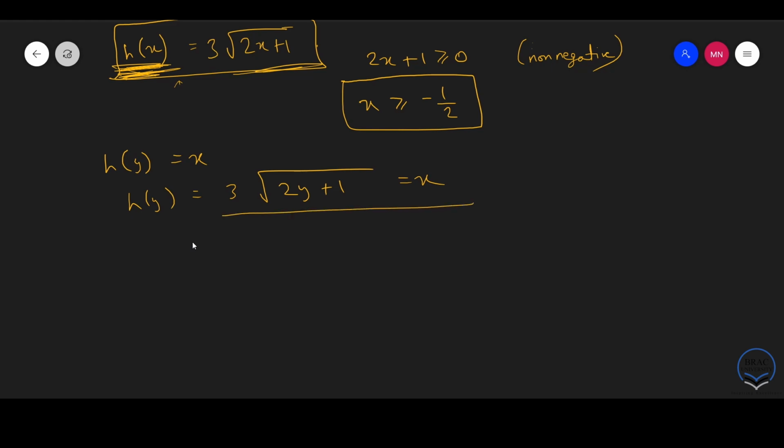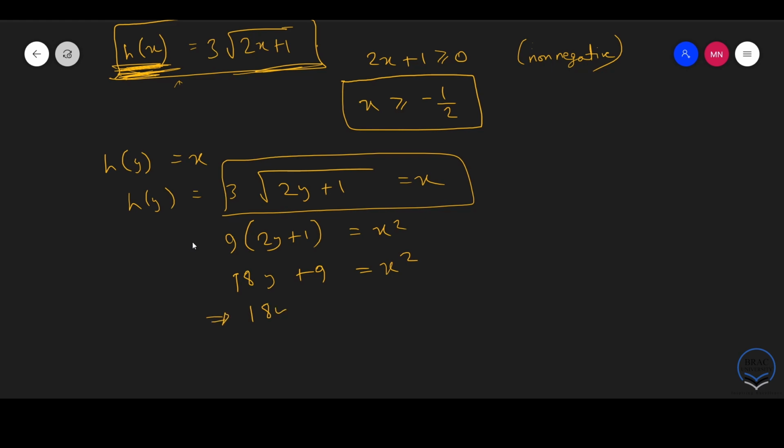Now we can just solve this equation for y. So we can square both sides. We get 9 times 2y plus 1, and this gives us x squared. So we have 9 times 2y plus 1 is equal to x squared. So we have 18y plus 9 is equal to x squared.